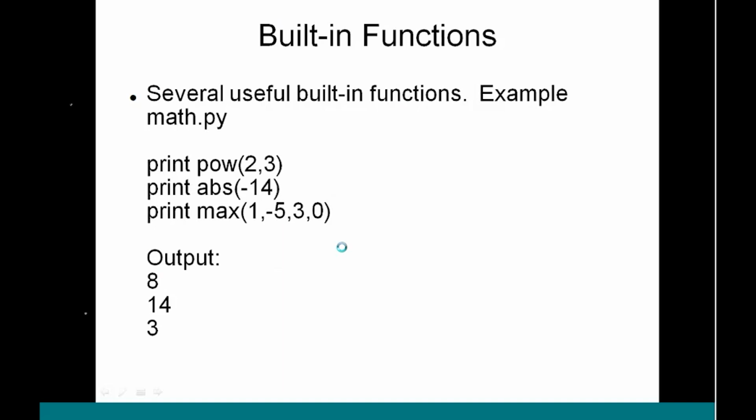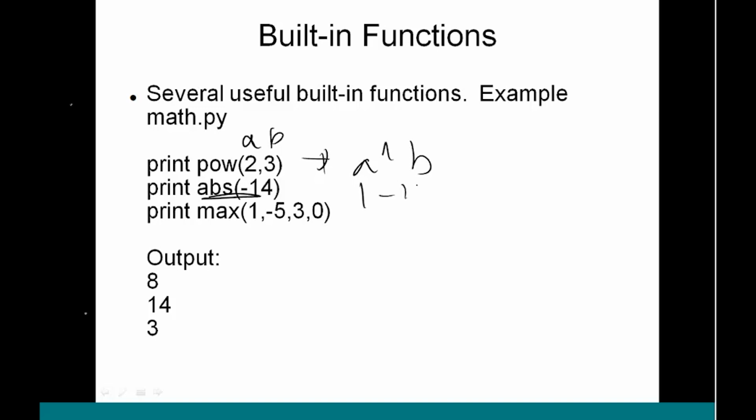So when we say pow(2, 3), that stands for power, and basically it computes a to the power of b, if you say this is a and b.